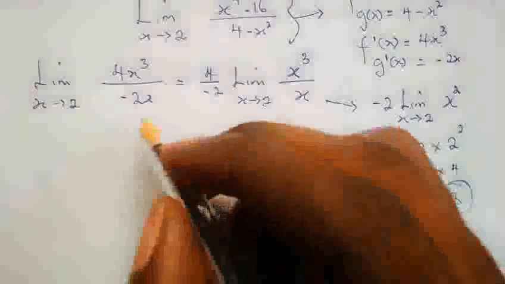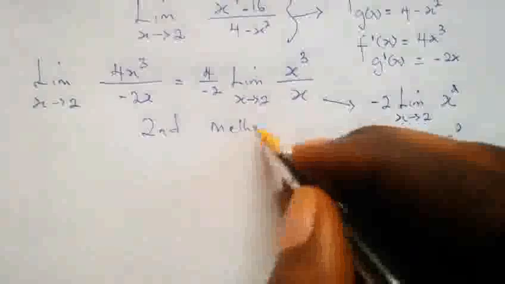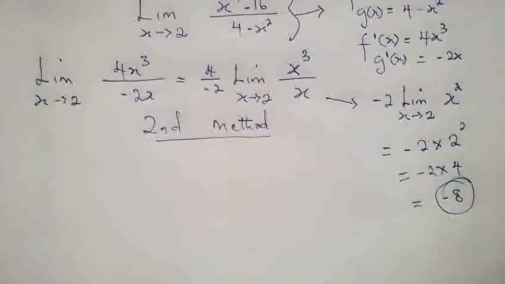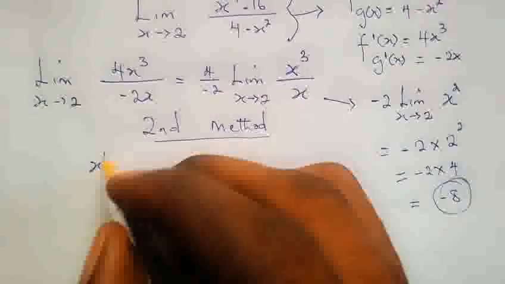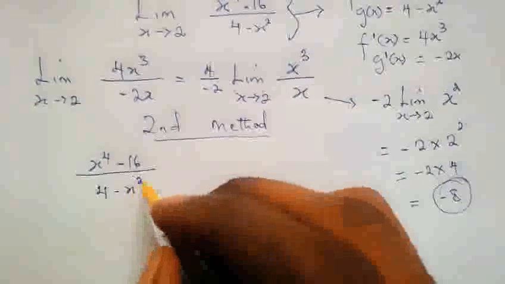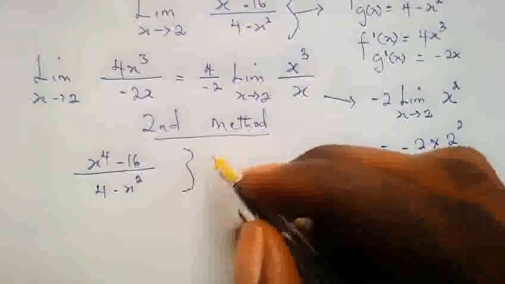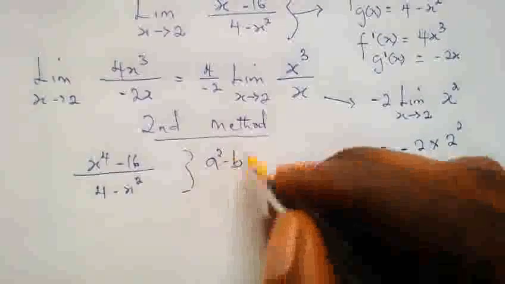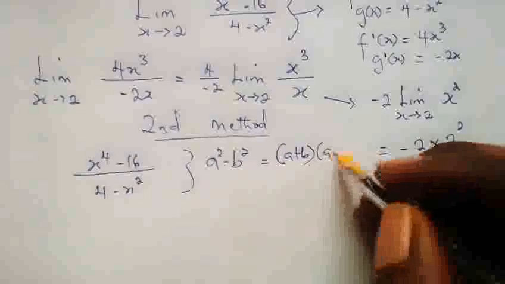Now the second method. We're going to make some algebraic manipulations here, considering the function x raised to power 4 minus 16 all over 4 minus x raised to power 2. I believe we are very familiar with the difference of two squares formula. That is, a squared minus b squared is the same as a plus b times a minus b.